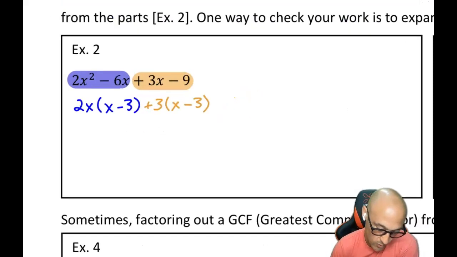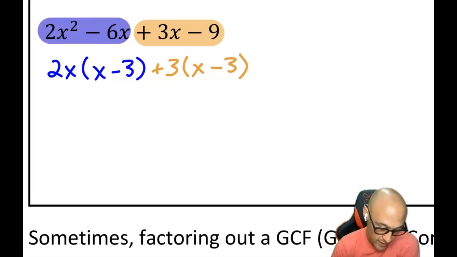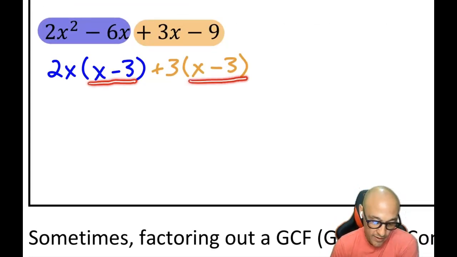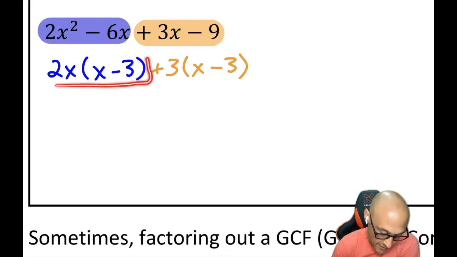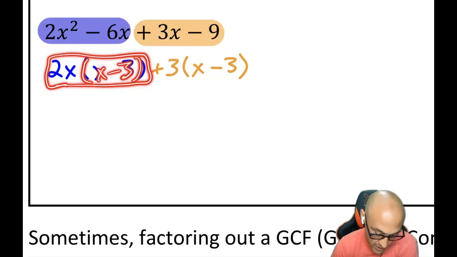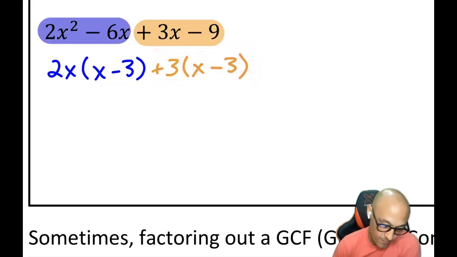Now, the thing that you really need to see here is super important, is that whatever we have, the part of the factors of each is the same. And so what we're saying is this whole thing has a factor of x minus 3, and this whole thing also has a factor of x minus 3. And so for that reason, we can factor out the x minus 3.